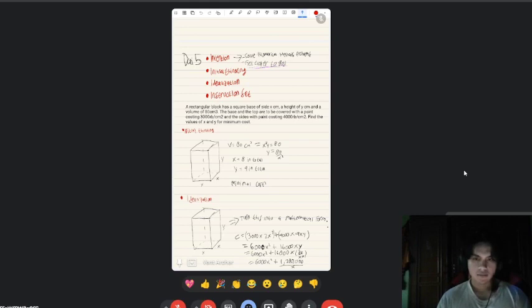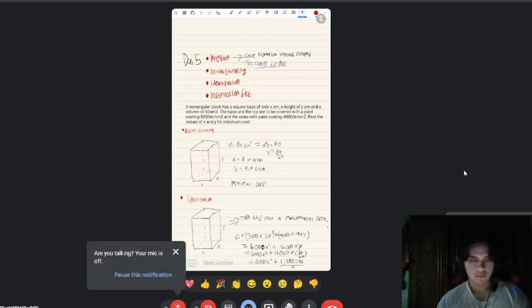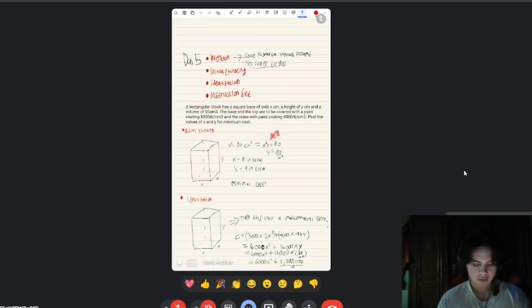So we can summarize that as the formula for the volume of rectangular block is x times x times y. So we can say that it's x squared times y, so x squared times y equals 80. And we can get that y is equal to 80 divided by x squared.